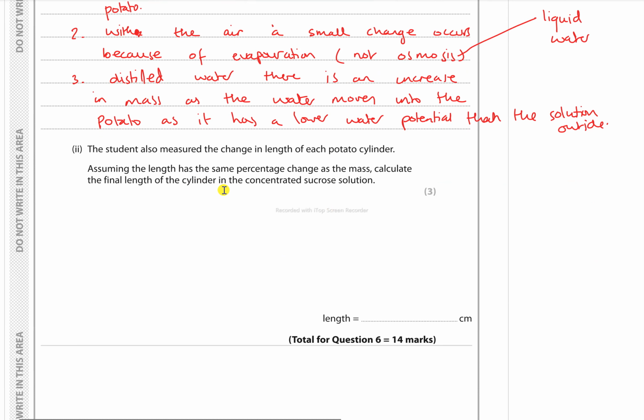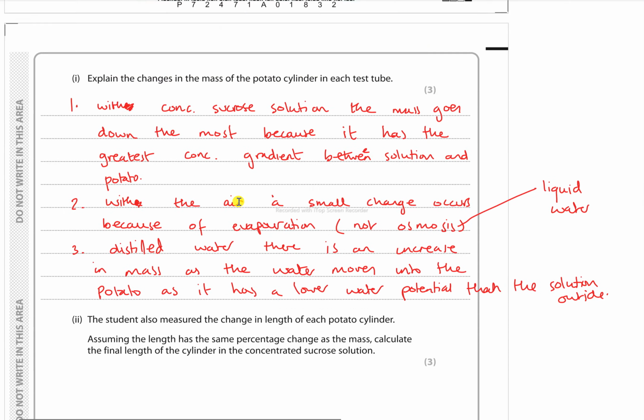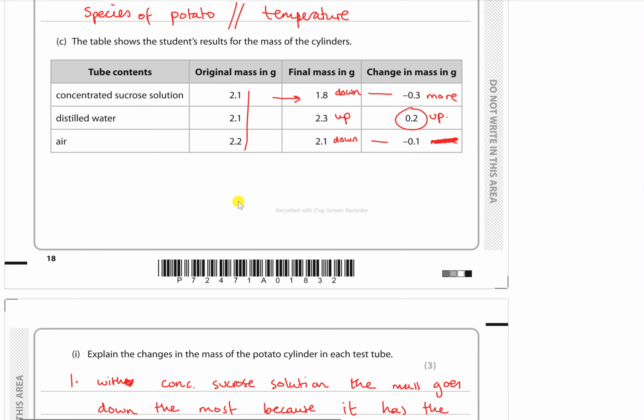What we need to do is work out this percentage change first. This one. Yeah. So the original mass is that.